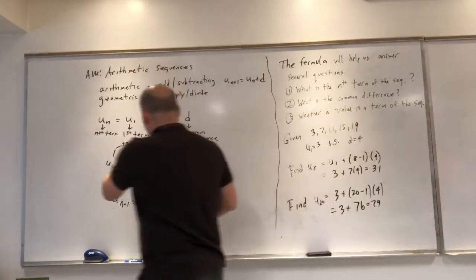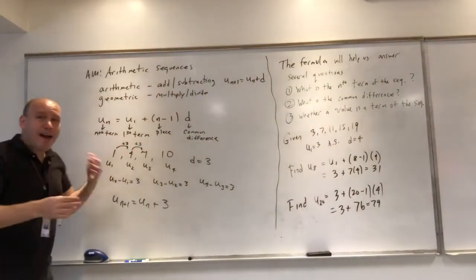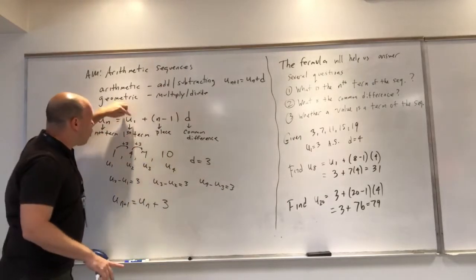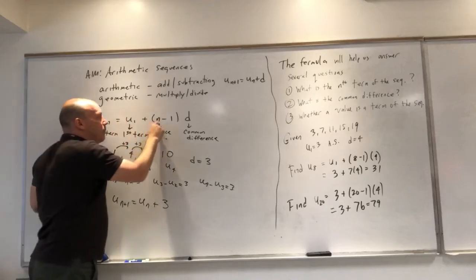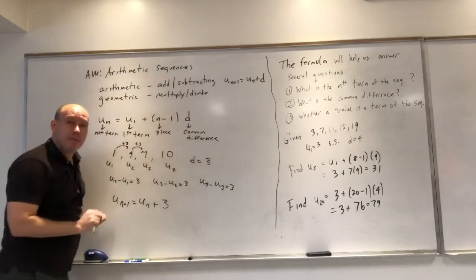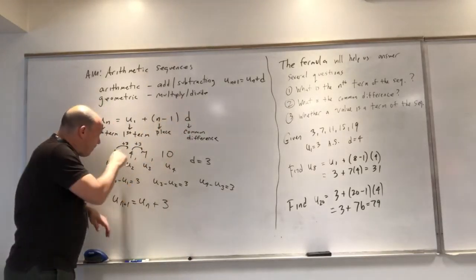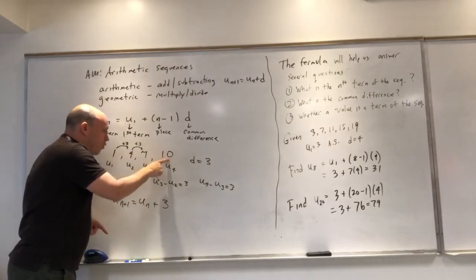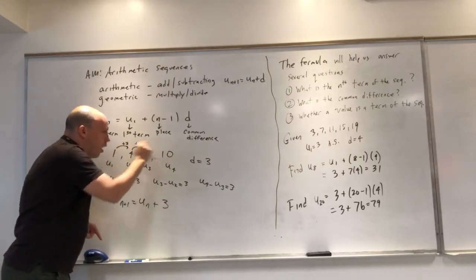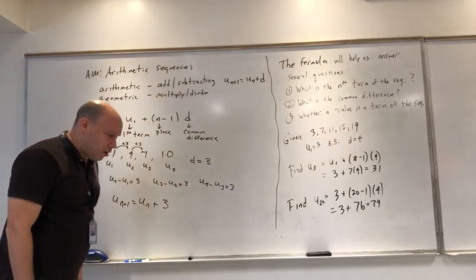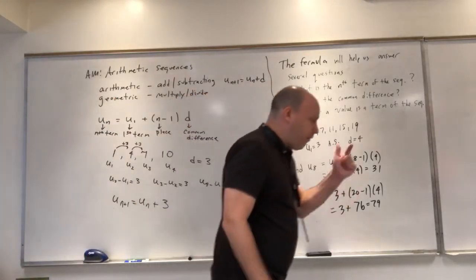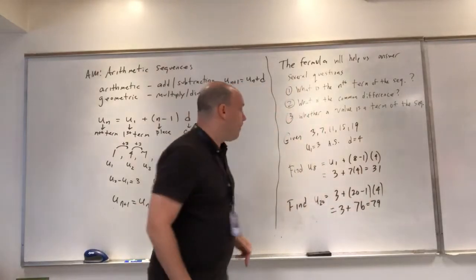Well, the question, what is this formula? The way I look at it is, you're starting at 1, and to get to n, you have to go n minus 1 jumps, right? So to get from the first term to the 4th term, I have to make 3 jumps. So if I'm in position 1 to 2 to 3 to 4, that's 3 jumps.